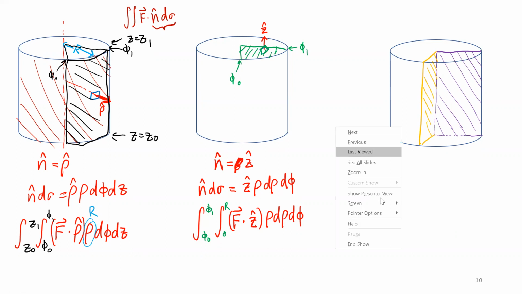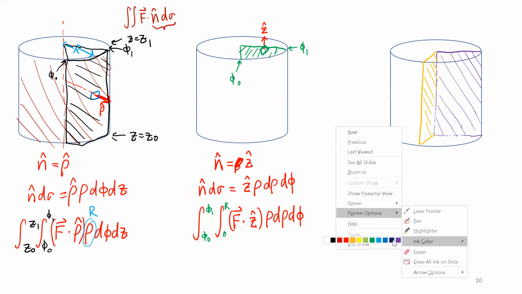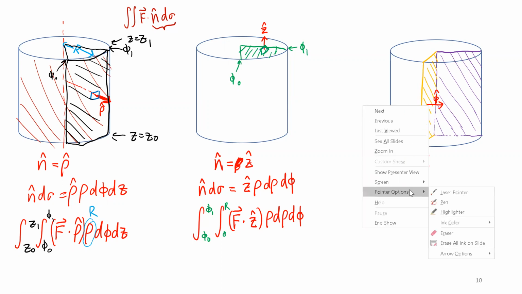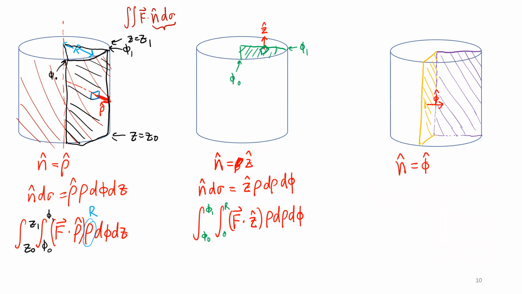The normal vector is like this. But in either case, it's phi hat. And the small area element is this one.